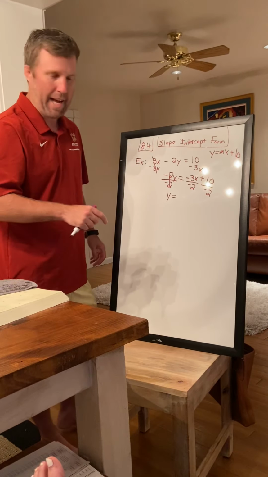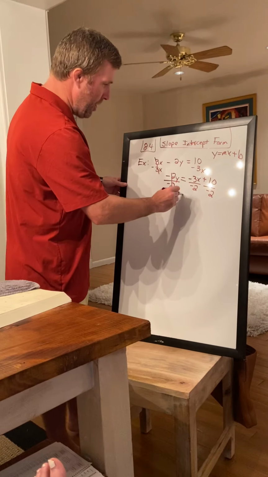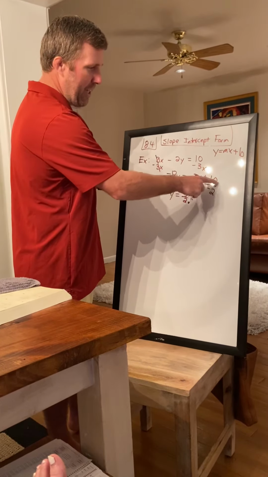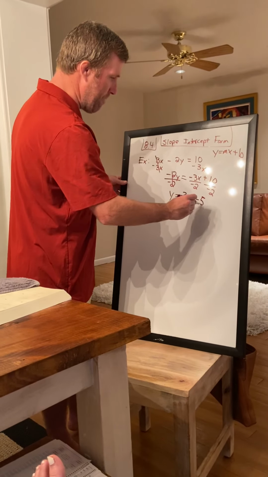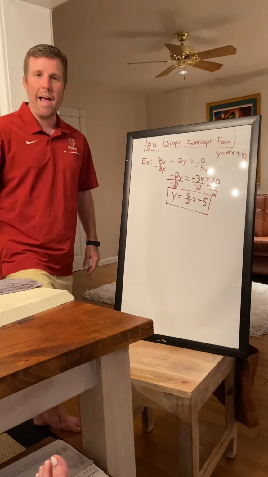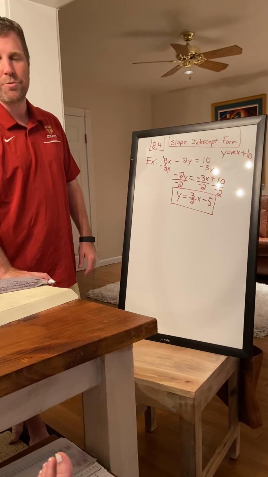Don't leave it like that. A negative divided by a negative is a positive. So just write it as 3 over 2x. Positive 10 divided by negative 2 is negative 5. So now I have it in slope-intercept form. Y equals 3 over 2x minus 5.